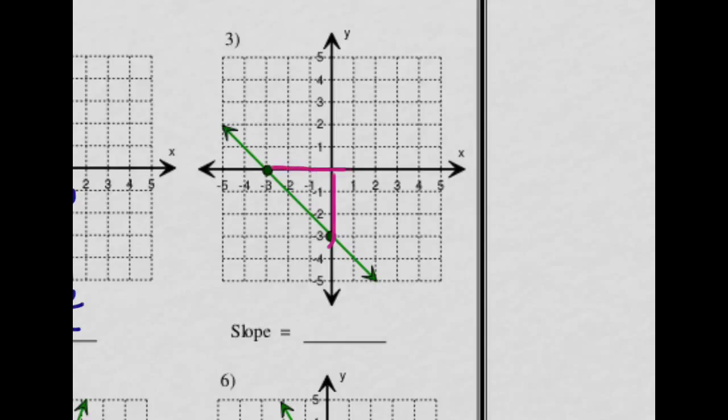So I draw my line over, up. Okay, so now I count. I went up 1, 2, 3 spots. So my up and down has to be 3. I went over 1, 2, 3 spots. So my slope is looking like 3 over 3, which reduces to 1.